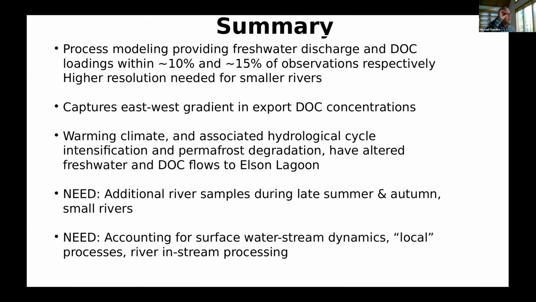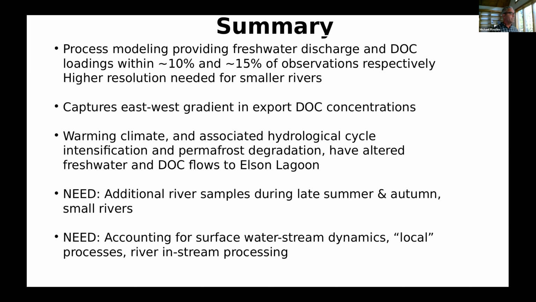So in summary, the process modeling is providing freshwater discharge and DOC loadings within about 10% for freshwater and about 15–20% for the DOC. Higher resolution is needed for the smaller rivers. The modeling captures this east-west gradient in the DOC export concentrations. Warming climate, hydrological cycle intensification, and permafrost degradation have altered freshwater and DOC flows to Elson Lagoon.